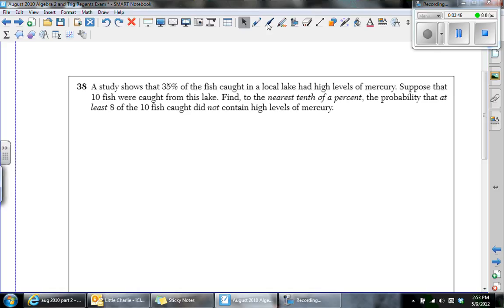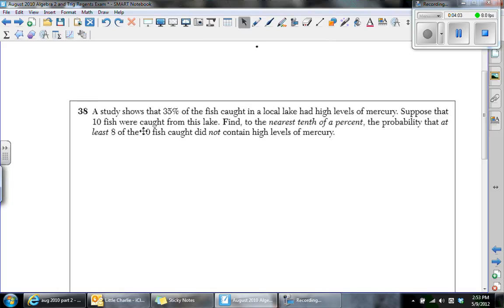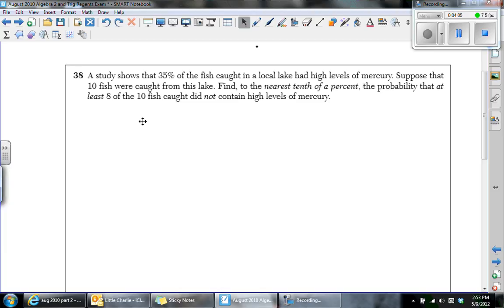We've never covered this yet in class, but there's a formula here that you need to know: n C r, p to the r, q to the n minus r.